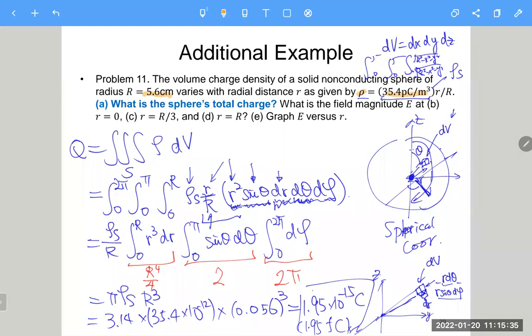I think the difficult part is dV equals this one. If you can't really understand it, you can simply remember it, because when you learn calculus, there are usually only three coordinate systems.